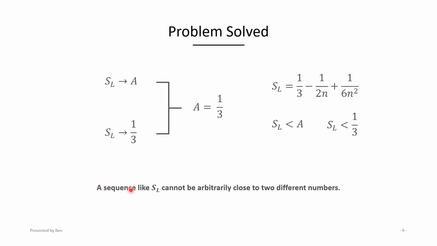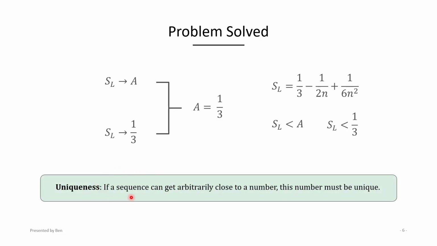Such a sequence cannot get arbitrarily close to two different numbers, because otherwise we would always be able to find contradictions or conflicts, right? In other words, if a sequence is arbitrarily close to a number, this number must be unique. This is a big finding. In the future videos, we will try to formalize this as a theorem. I feel very proud we can come up with this.